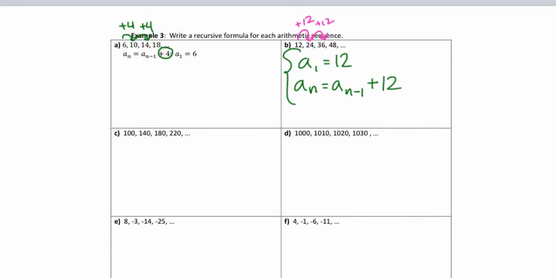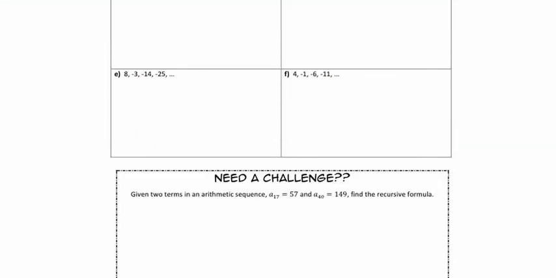Let's try one more. I'm going to take a look at question E. The sequence is 8, -3, -14, -25. We know that we need our first term, so a sub 1 is equal to 8.